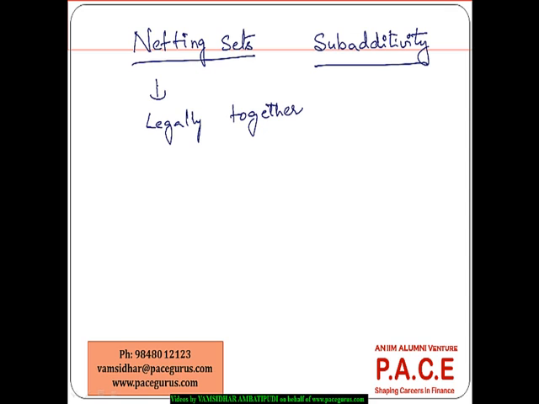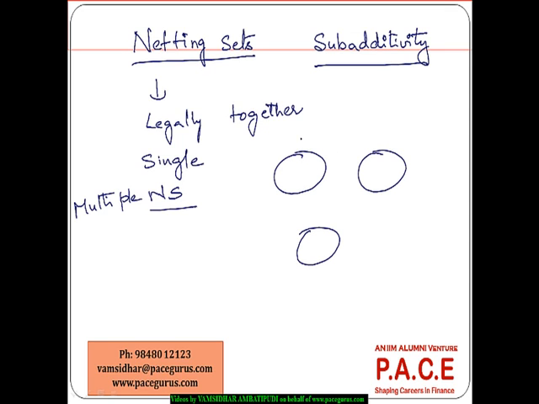And with the counterparty, I can have multiple such netting sets. It need not be one netting set per counterparty. There could be multiple netting sets with respect to one counterparty also. Now, this is one set, this is one set, this is one set.